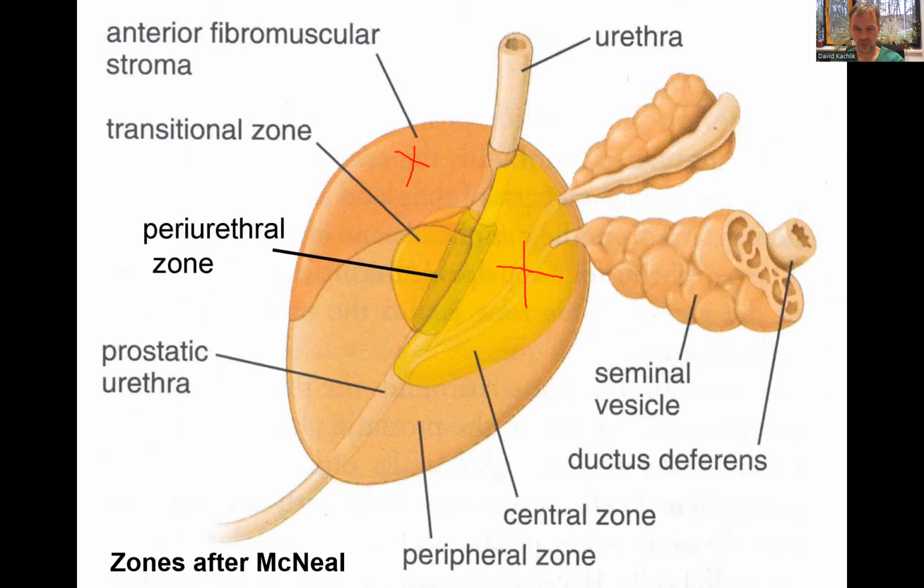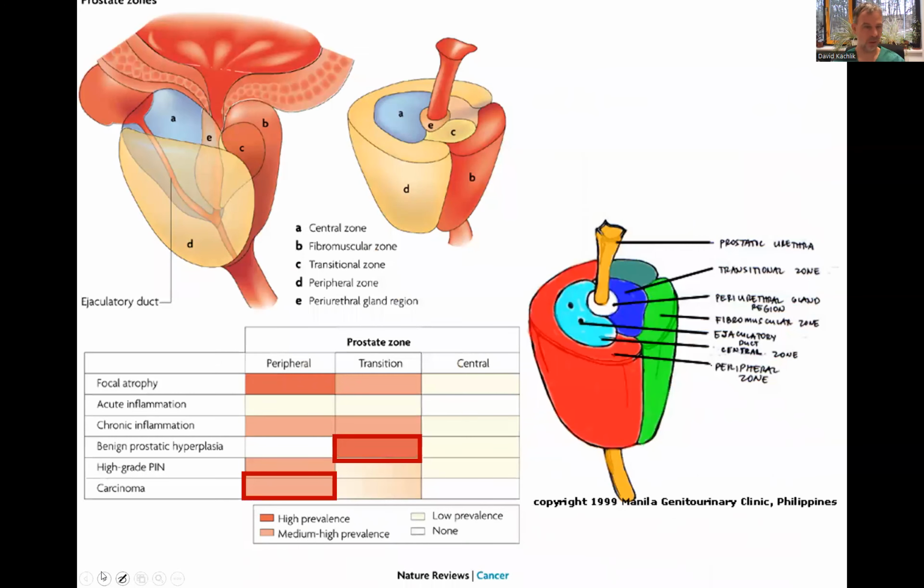Of course, periurethral zone, which is here. Transitional zone, which is ventrally. And the majority, 70%, is the peripheral zone. Again, some figures showing the same. So we can see here, letter A is the periurethral zone with the mucous urethral glands.